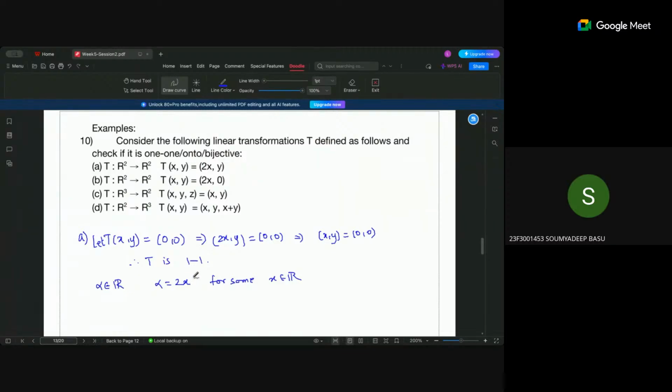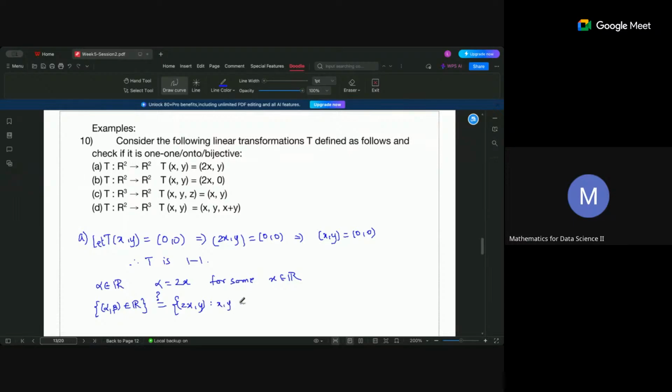Actually, you should check that the range is the entire R2. That is what I am trying to do here. So entire R2 means the first coordinate can be any value in R. I want to see whether the set of all alpha comma beta in R2 is the same as the set of all 2x comma y. Is this the same? I am trying to check.